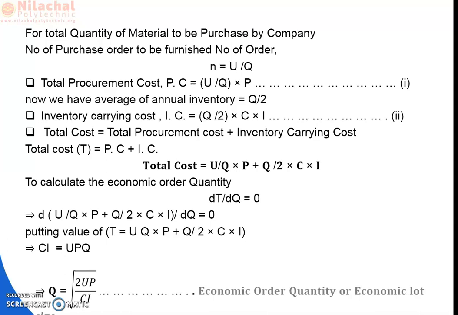Let U be the total quantity of material to be purchased by the company per annum. Q is the ideal quantity for one order.